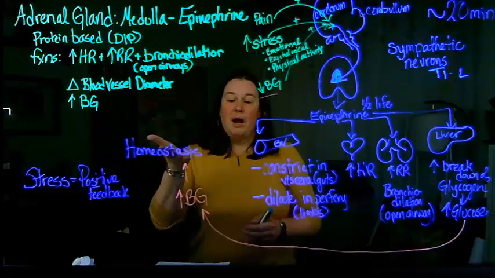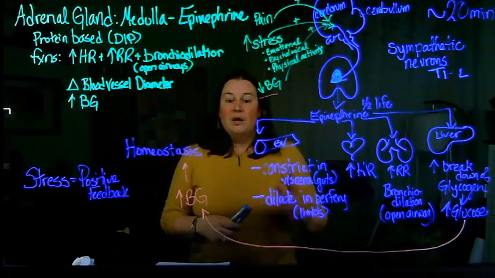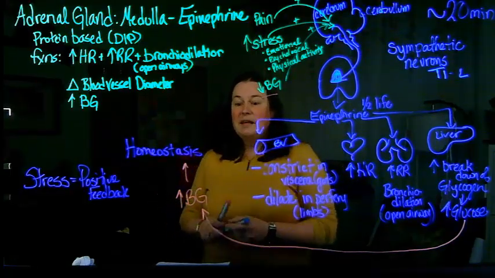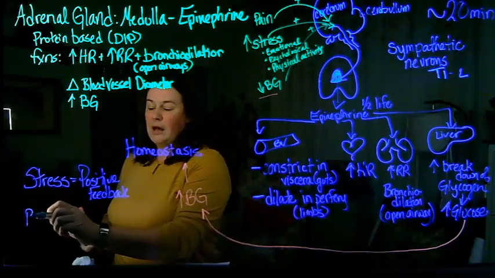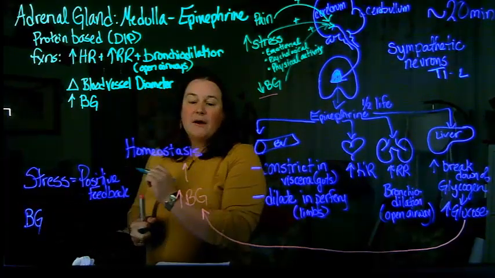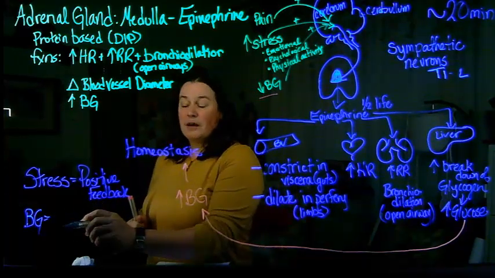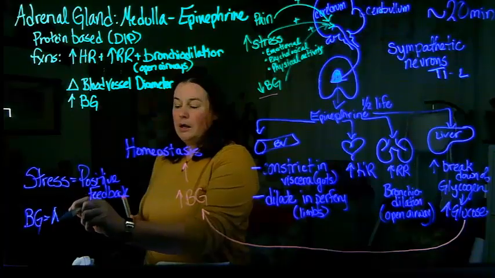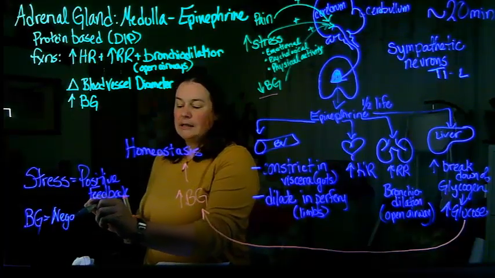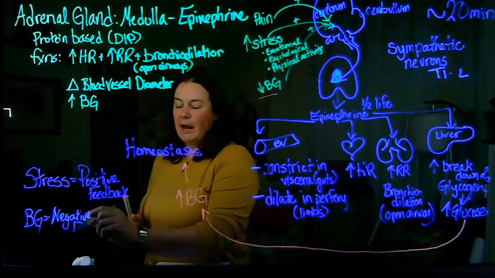That's going to bring my blood glucose levels back to normal. So in this situation, if I'm thinking about specifically the blood glucose levels, if epinephrine is involved in this system to help maintain the blood glucose levels, we see it functioning more in what we would call a negative feedback.